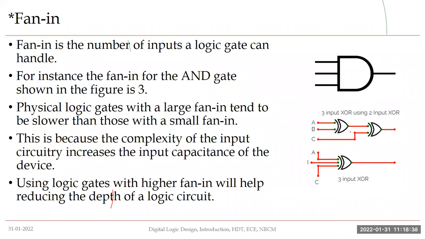That is called the depth of logic. For example, I have to implement a 3-input XOR gate, but I have only 2-input XOR gates, so I have to use two XOR gates. If another XOR gate had 3 inputs available, I would need just one gate. Here I have 2 gates, here only 1 gate. Here the propagation delay will be larger, here slightly smaller.